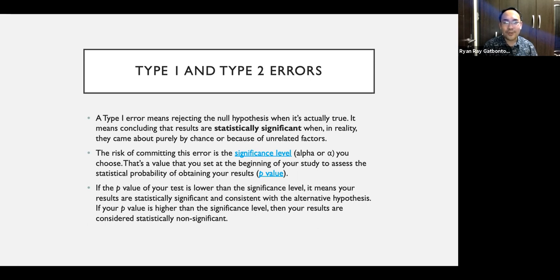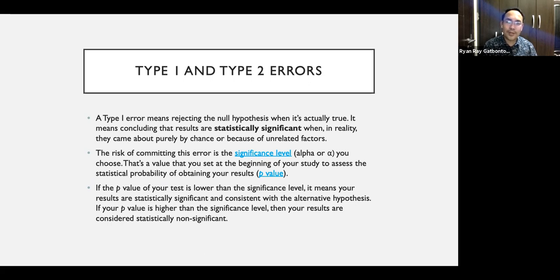So you're concluding that the results are statistically significant when in reality, they just came by pure chance only. The risk of committing this error is determined by your alpha, or the significance level that you choose. That's the value that you set at the beginning of your study to assess the statistical probability of obtaining your results, or the p-value.